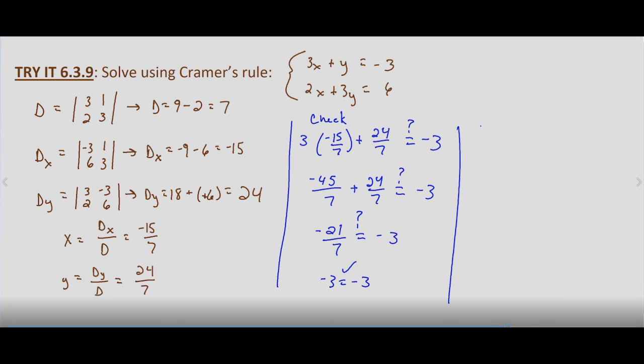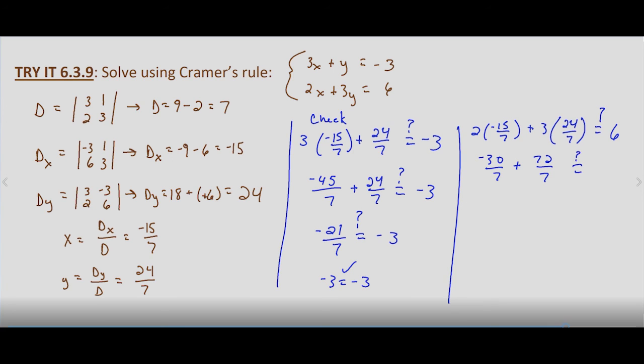Let's check in our second equation. Does 2 times -15 sevenths plus 3 times 24 sevenths equal 6? So this is -30 sevenths, and this is 72 sevenths.